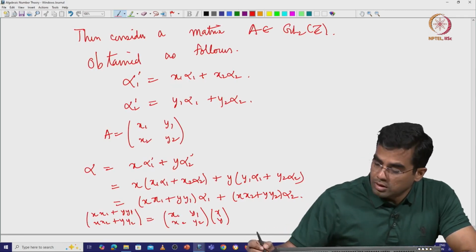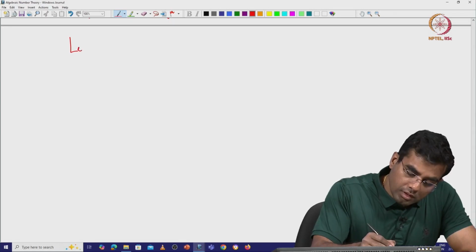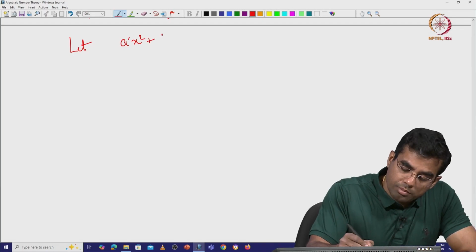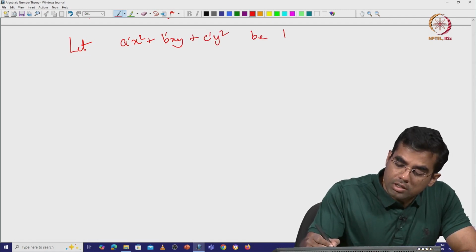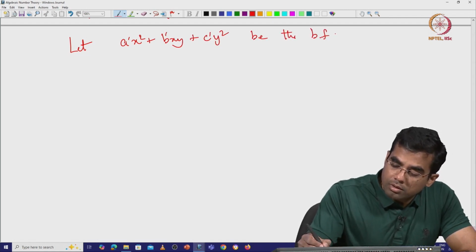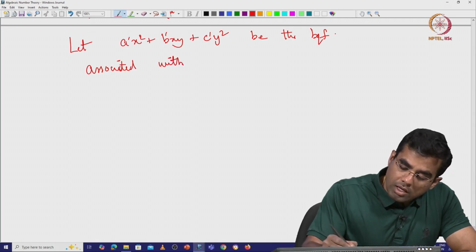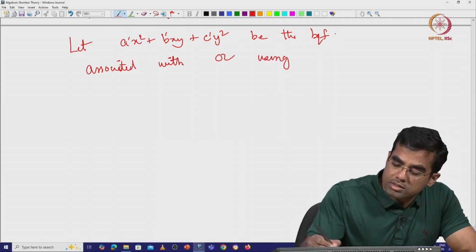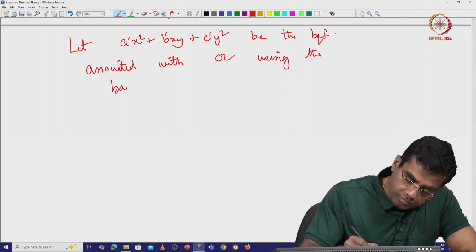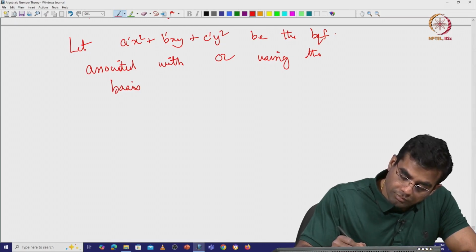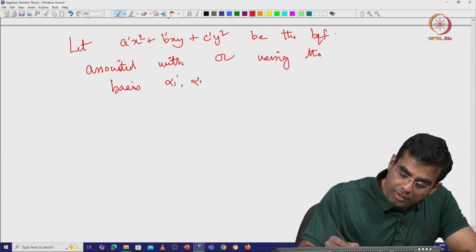Now let a' x² + b' xy + c' y² be the binary quadratic form associated with A using the basis alpha 1 prime and alpha 2 prime.